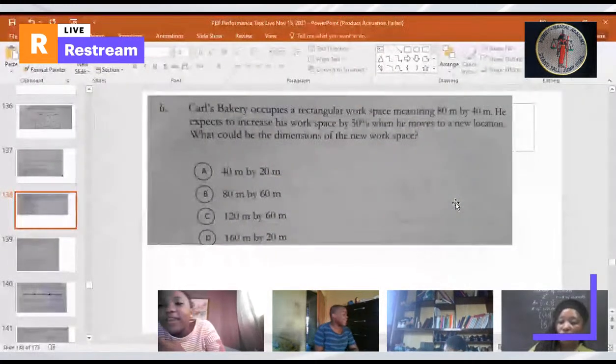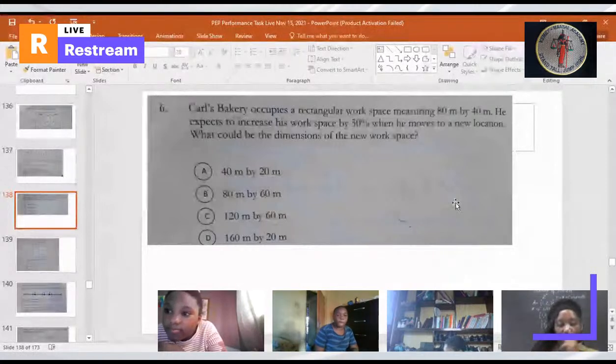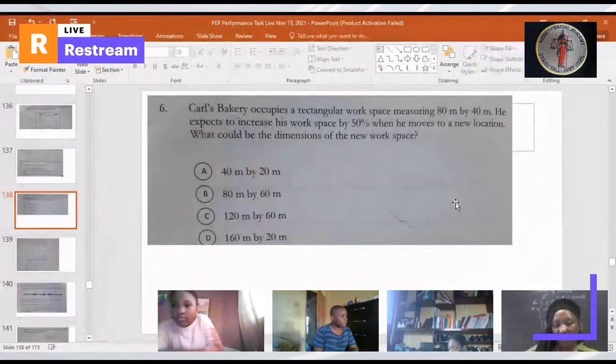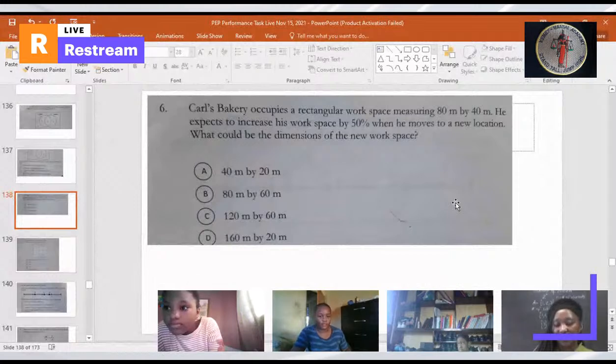So it's the other way around. But what you're focusing on is the perimeter of the workspace, but we are increasing the area of the space that he has to work on.